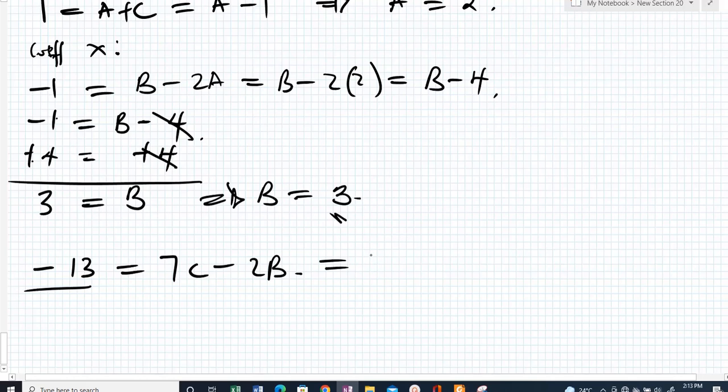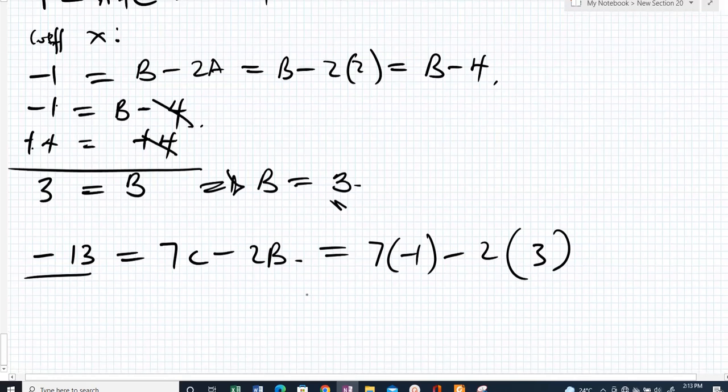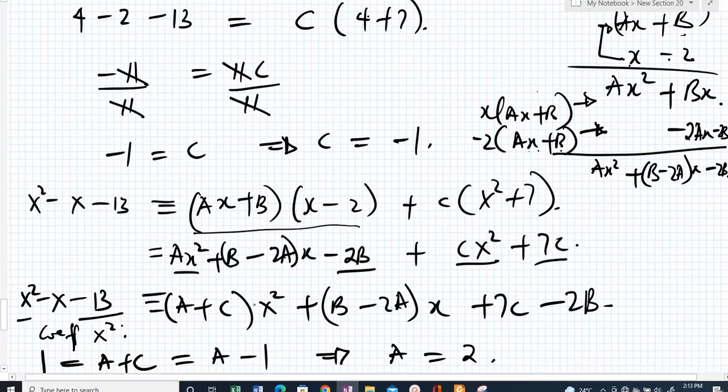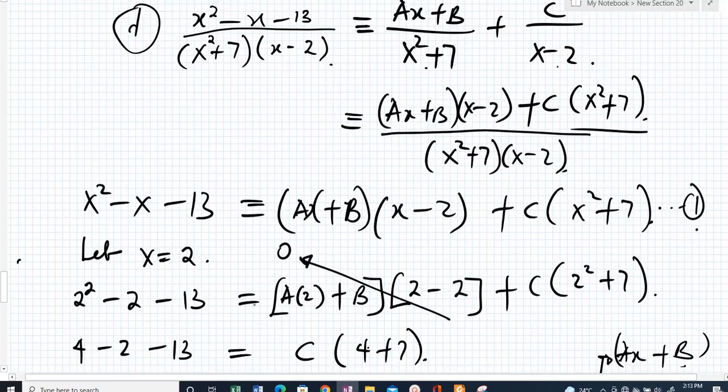You have 7 times minus 1, because c is minus 1, minus 2 times b, b is 3, which implies that this is minus 7, because 7 times minus 1 is minus 7, minus 2 times 3 is minus 6, so this will give us minus 13. So it's correct.